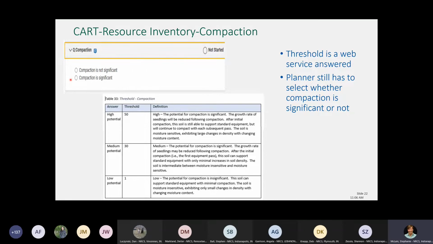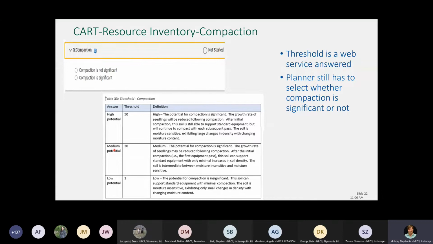But ironically, there is a threshold that's established for compaction based on our web services, based on the field boundaries that we clip out there. And again, that's whether our threshold is going to be 50, 30, or 1. I don't think I've ever seen a 1, to be honest with you, for compaction potential out there. And I think that this actually might be a little bit new this year, but we either have high potential or medium potential for compaction, and then that threshold is established.